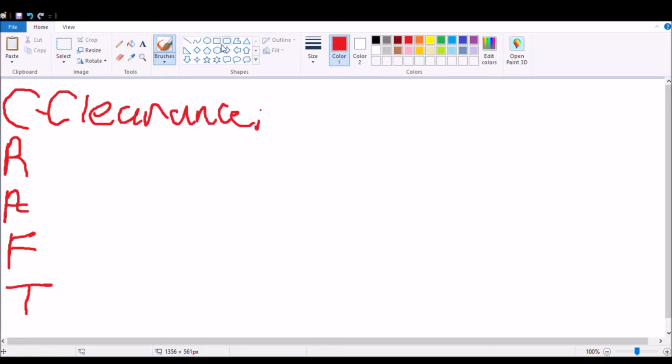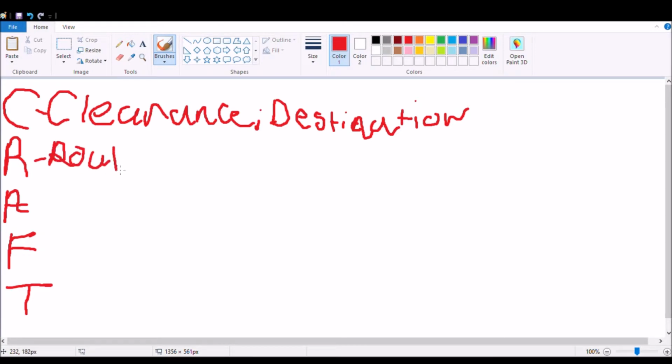Or your destination airport. R. What does R stand for? Well, how are we going to get to this destination? So it must be route. You know, there could be many different routes.